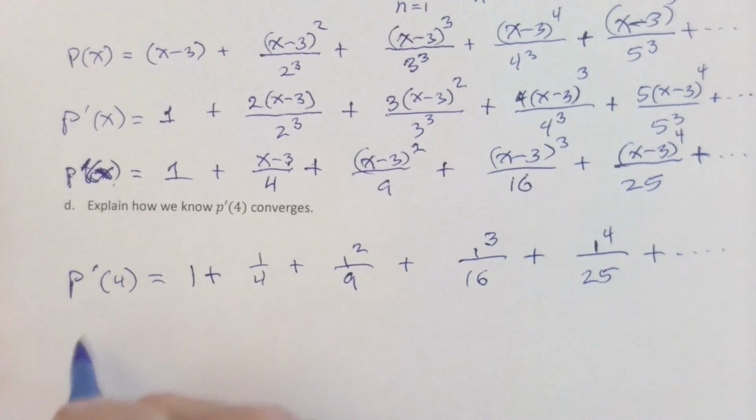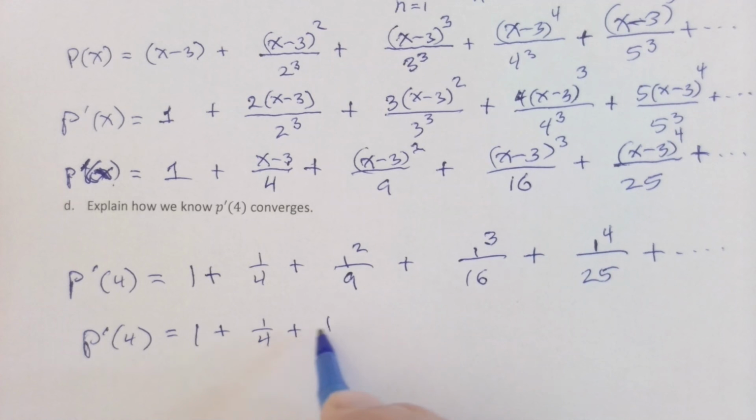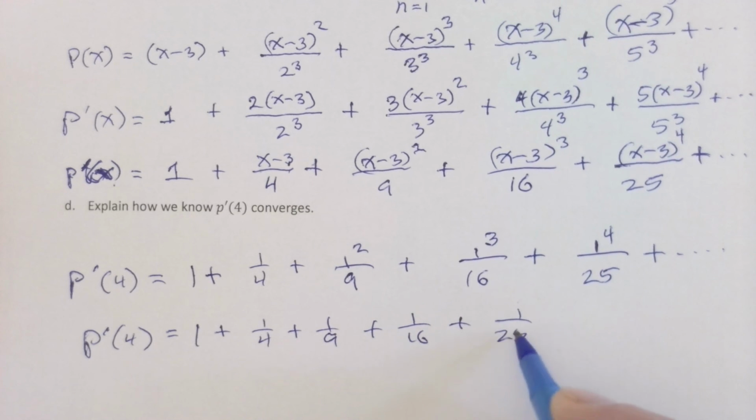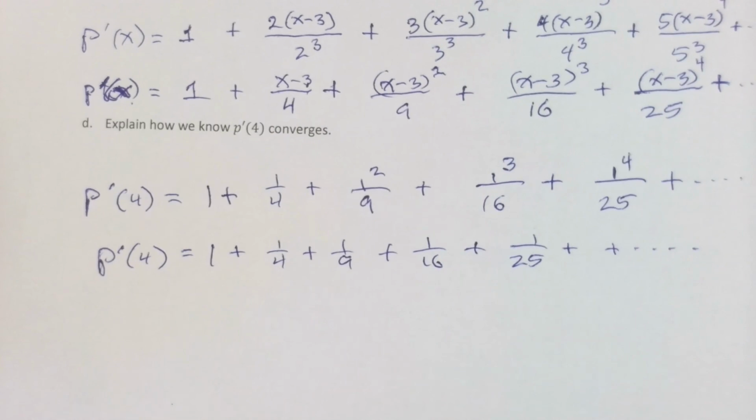So a nicer way to write p prime of 4 would be 1 plus 1/4 plus 1/9 plus 1/16 plus 1 over 25. What comes next? Of course, it's 1 over 36 because these are just the reciprocals of the squares. And this is a p-series with p equals 2.